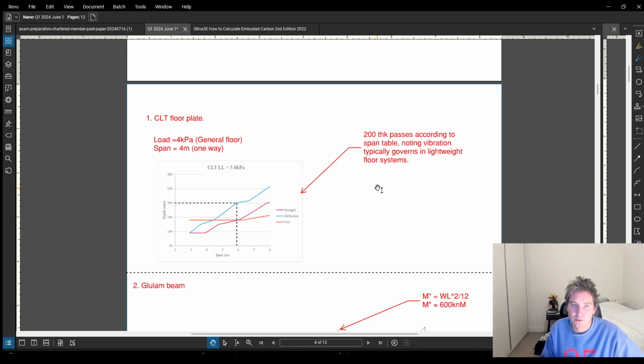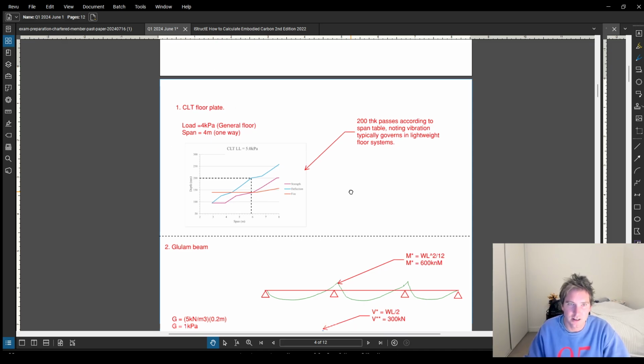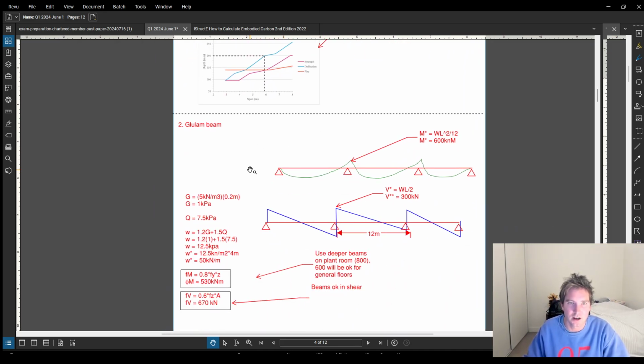What else do you have to worry about with CLT? We've got the vibration in there, and maybe some details around fire strategy and acoustics. I wouldn't go too detailed, just a little commentary noting that this stuff needs to be accounted for in your design. So, span table, that's my CLT floor plate design.